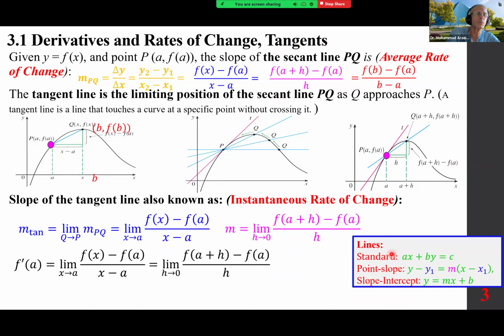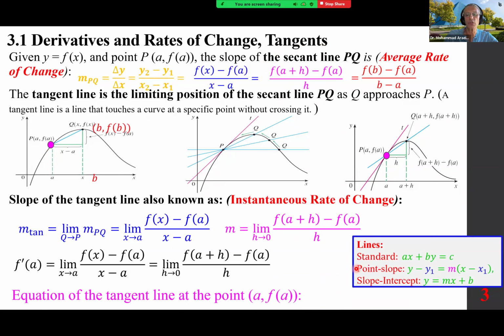If this point has coordinates a comma f of a, we can use point slope: y minus y1, that means y minus f of a, equals m, which is f prime of a, times x minus x sub 1, which is a. You can memorize this, or just remember the point slope. You don't have to do that.